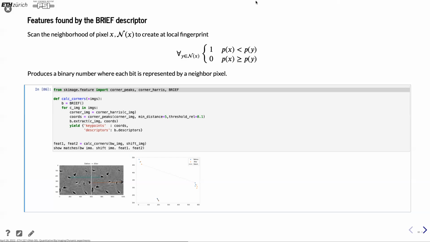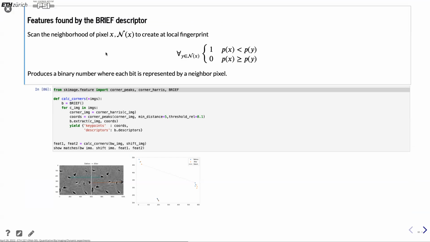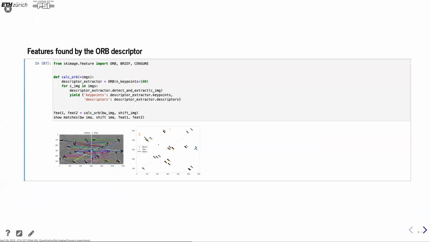Now it moves. So instead, we can also try using the ORB descriptor, which is an extension of BRIEF. The R in ORB is actually rotation, so it's more rotation insensitive and therefore also more robust.